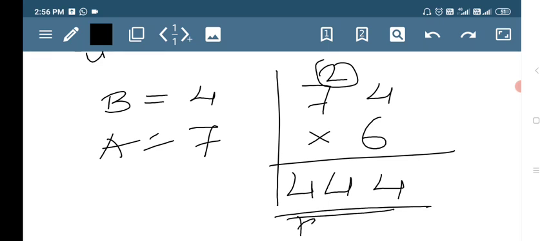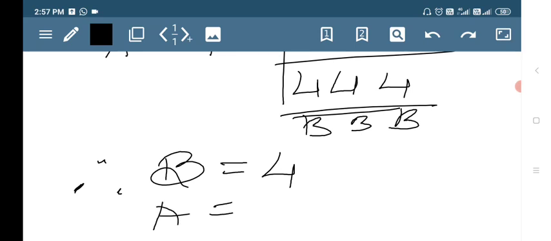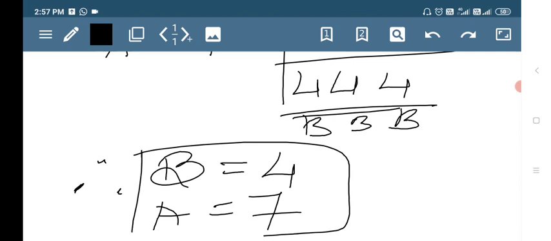So it is BB. Therefore the value of B is equal to 4 and the value of A is equal to 7. Got it?